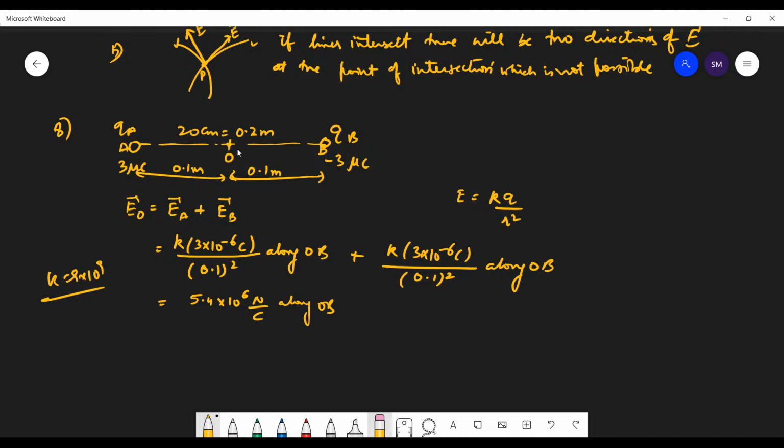Okay, now the second part: what if you put here a charge Q naught? Q naught is a negative charge, so you can write minus 1.5 into 10 raised to power minus 9 Coulomb.